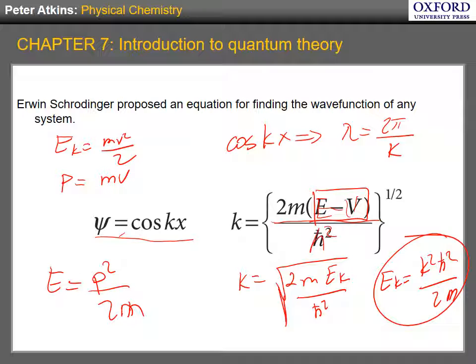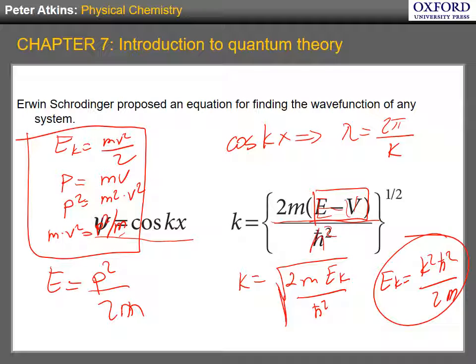So, therefore, p squared equals m squared times v squared. No brainer there. And then we can say that m times v squared is p squared divided by m, right? So mv squared divided by 2 equals p squared divided by 2m.